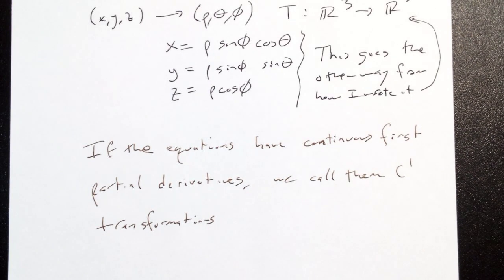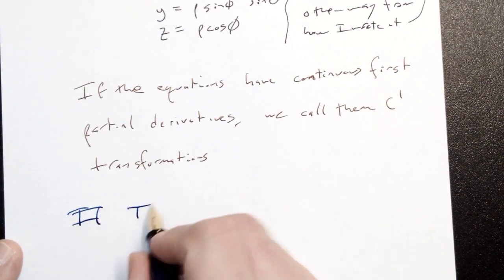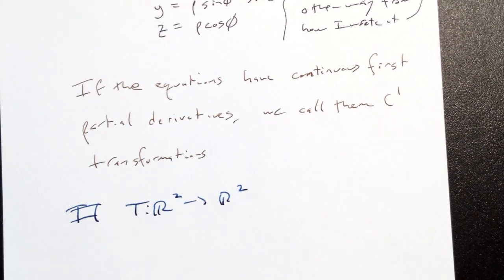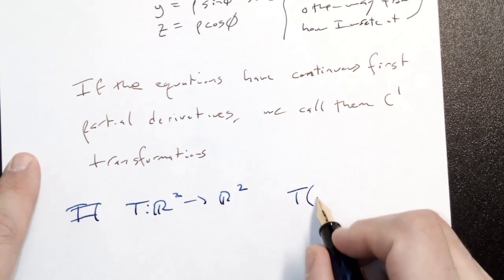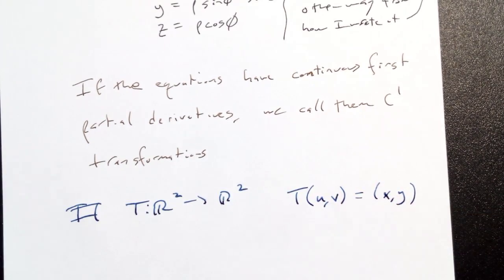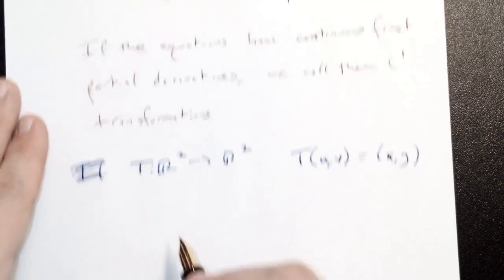I like thinking of two-dimensional transformations a little bit better than three-dimensional because I can draw two-dimensional transformations better. So I think of a transformation from two-dimensional space to two-dimensional space as having two inputs, two outputs. So I have a UV plane.